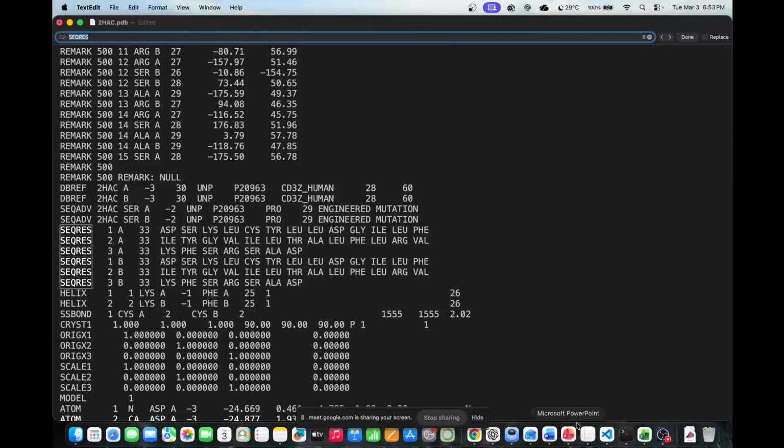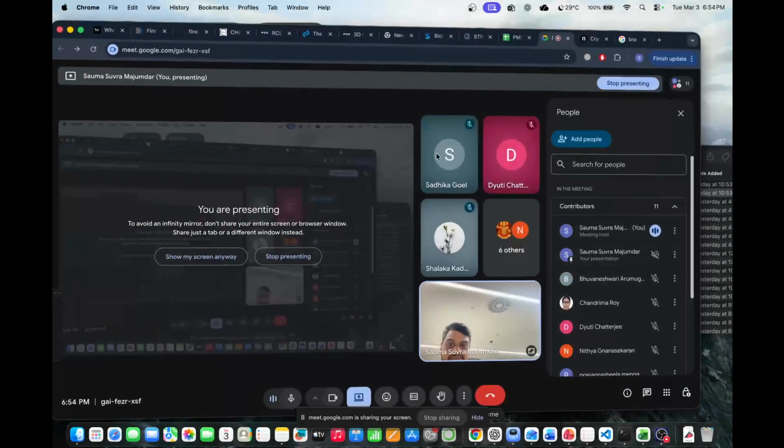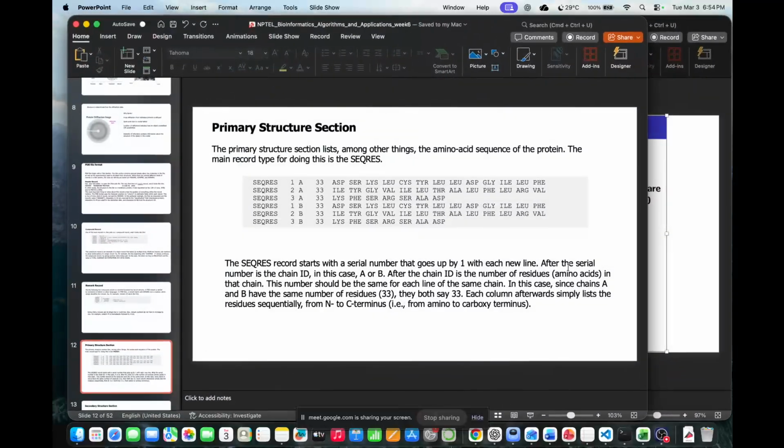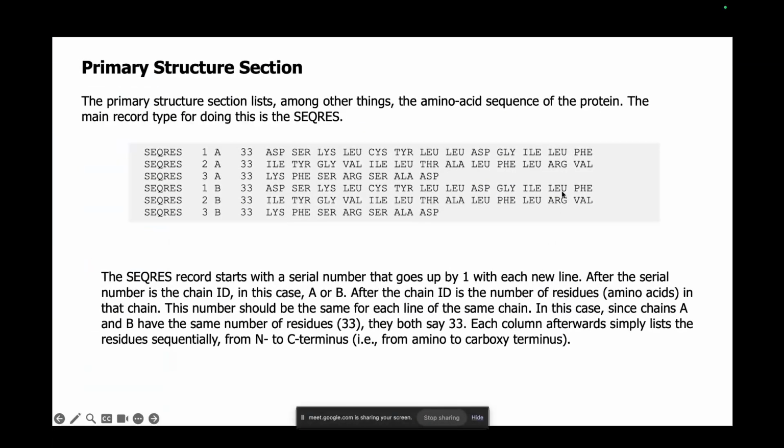So this is the sequence. The sequence is telling you the sequence of the amino acids. It again starts with a serial number that goes up by one in each line, which means it is a continuation. So after phenylalanine, there comes isoleucine, then tryptophan, and so on.